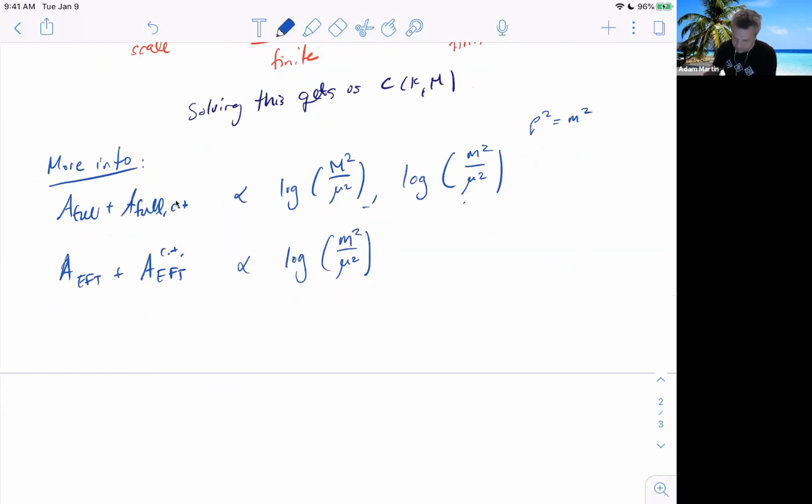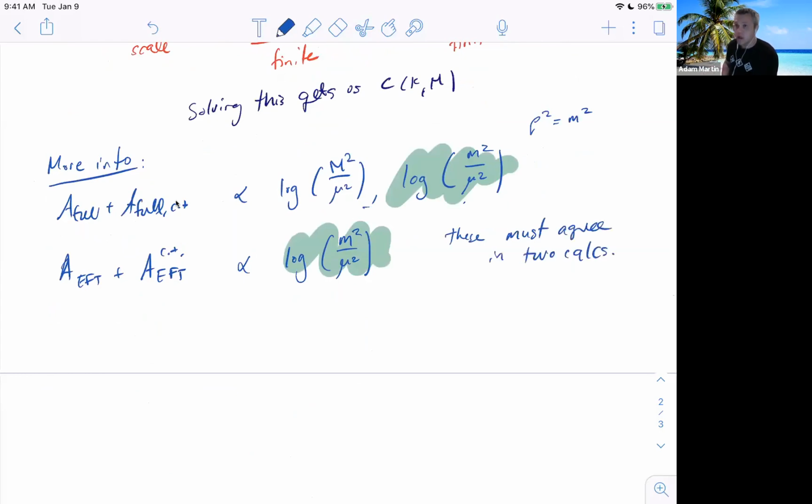In addition, these must agree. The whole idea of the EFT is it captures the physics of the full theory at low energies.